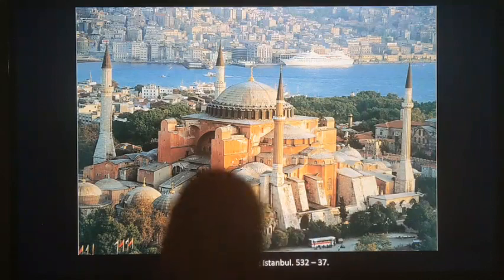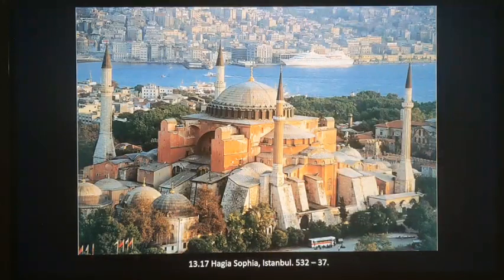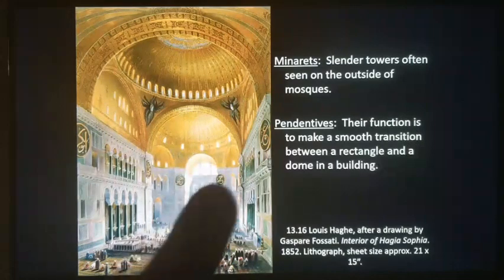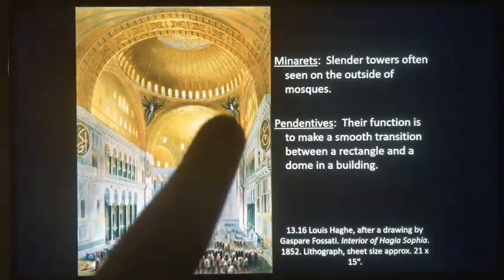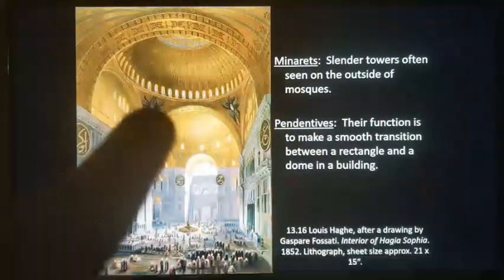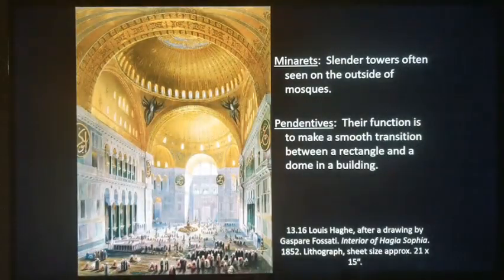But when we look at the dome itself, it is similar to the construction of the Pantheon in Rome, but instead of being on a cylindrical base, it's on a rectangular base. And what we see on the inside here are some other forms. We just looked at the minarets, the towers on the outside, but the pendentives are the ones on the interior of this structure that I want to pay attention to here, and that is an architectural form whose only purpose is to serve as a more graceful transfer from that round dome down to this rectilinear base.